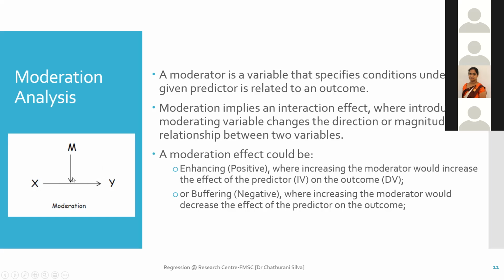We are not going to actually group. We interpret the result like that. The relationship between training and performance is stronger when people's income is higher, right? The higher the income, the higher the relationship between training and performance. In that way, you can interpret the result.